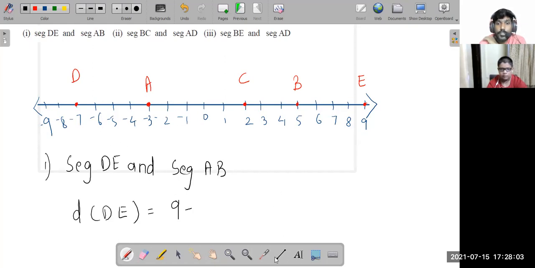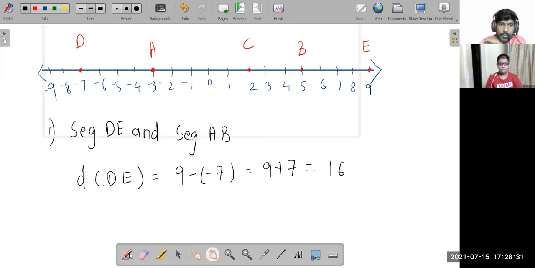But what is the coordinate of D? Minus 7. So it should be 9 minus -7. How much is this? 9 plus 7, 16. That is 16.